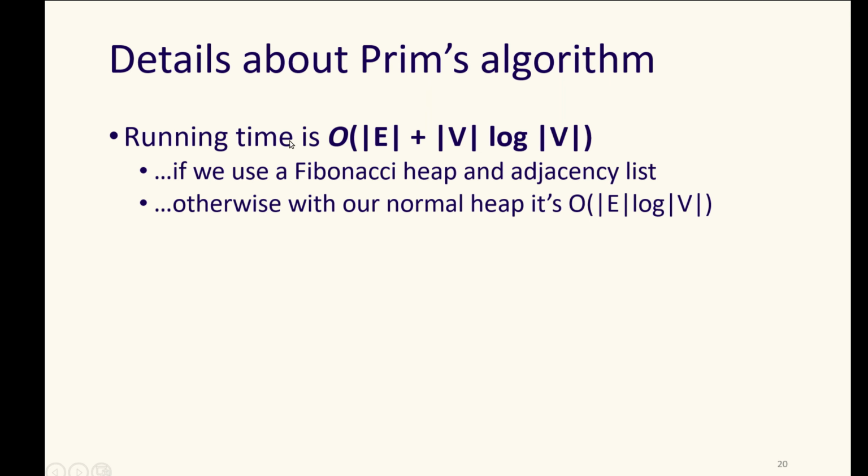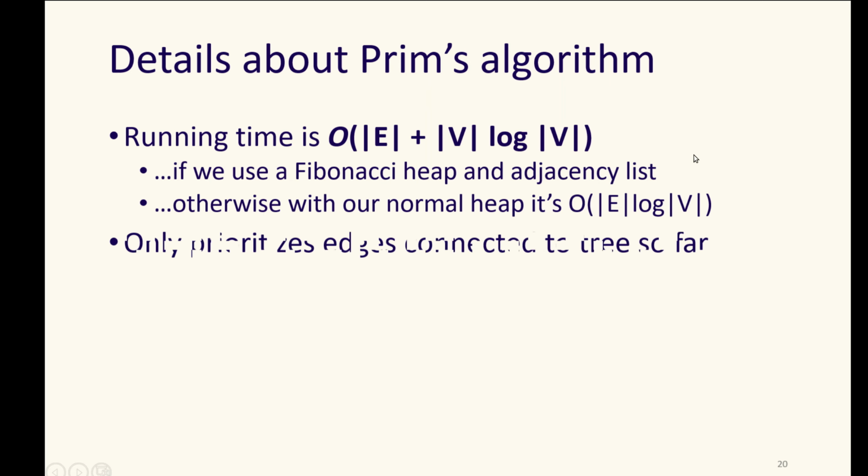Other types of heaps will have a little less efficient performance on some operations, like changing priorities within them once the heap has already been built. Otherwise, with our normal heaps, it's edges times log vertices. So E log V, cardinality of E, log cardinality of V.